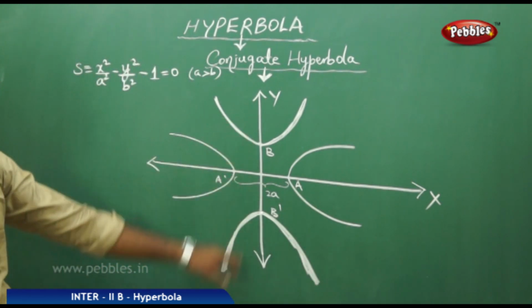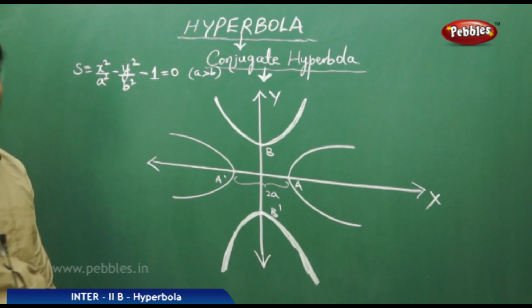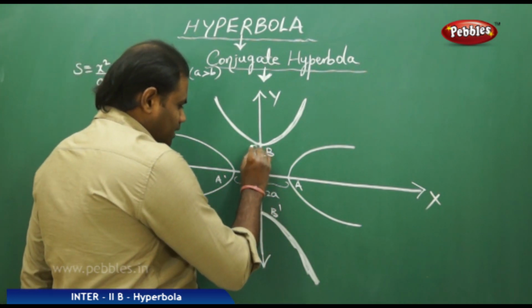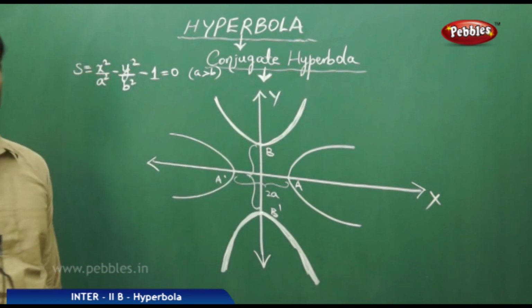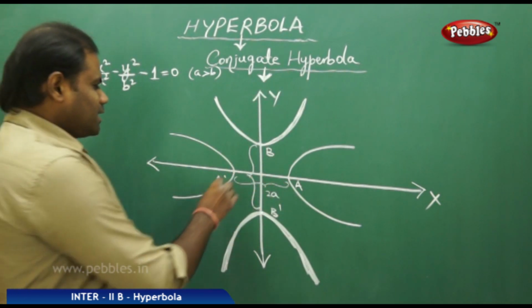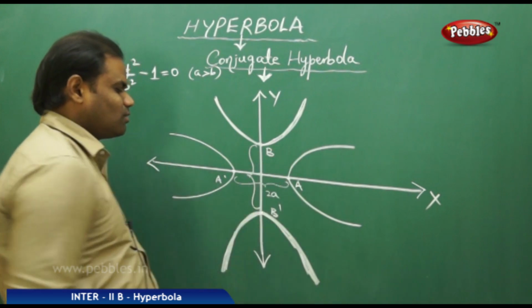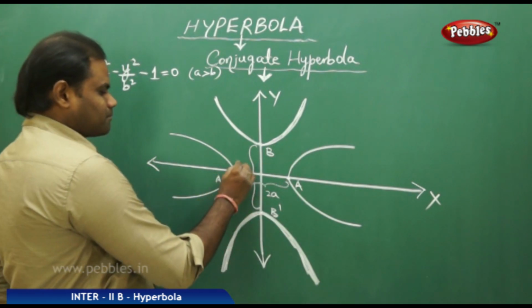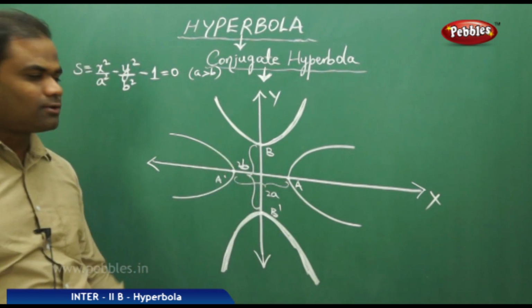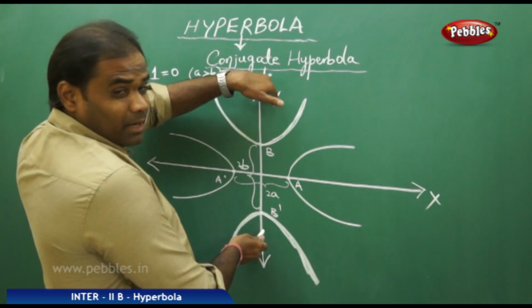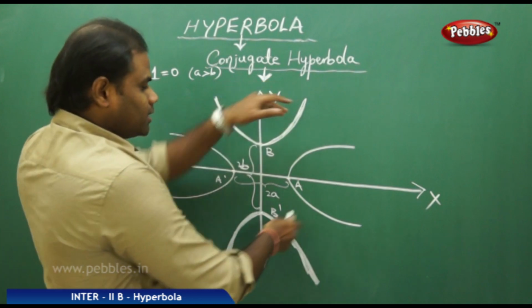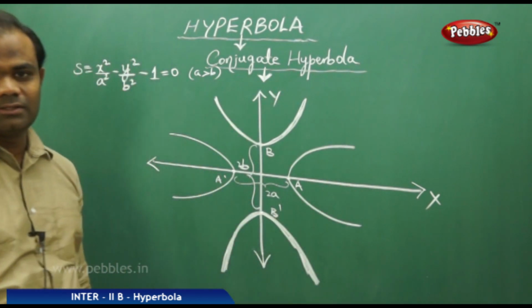This hyperbola is called the conjugate hyperbola because its transverse axis is the conjugate axis of the original hyperbola, and its conjugate axis is the transverse axis of the original hyperbola. So with the transverse and conjugate axis interchanged, this hyperbola is called the conjugate of the given hyperbola.